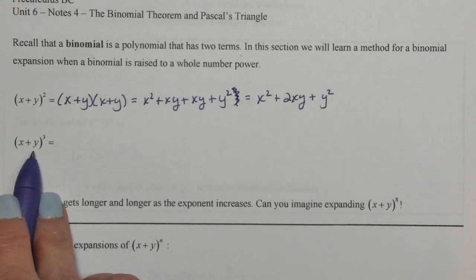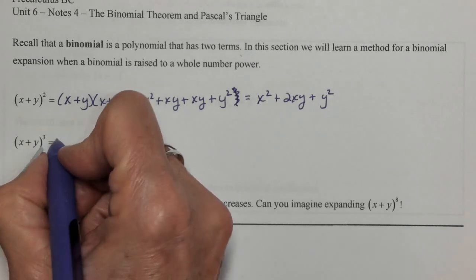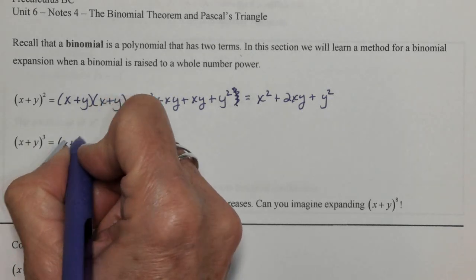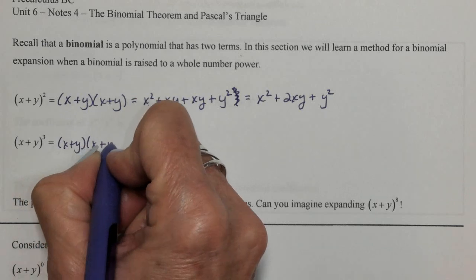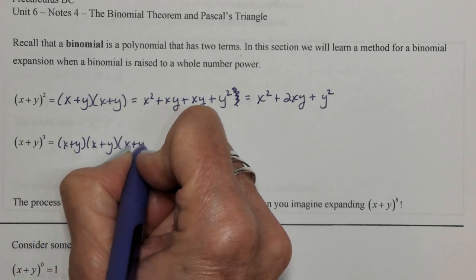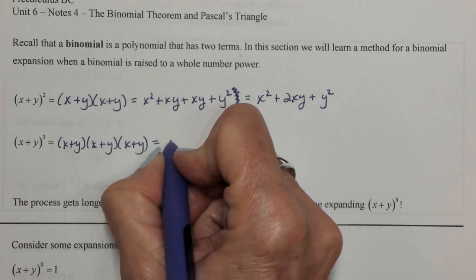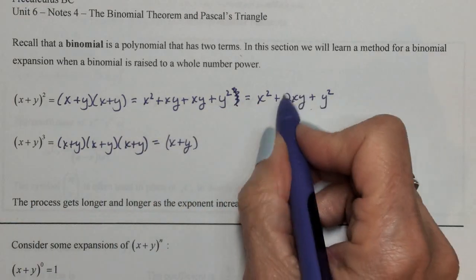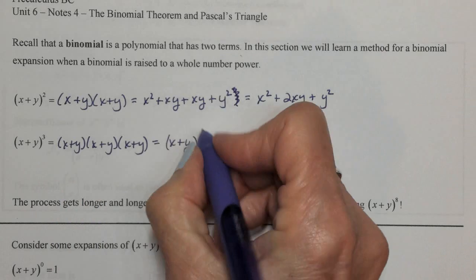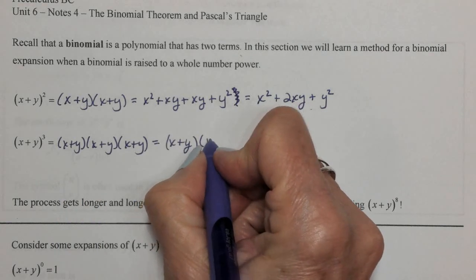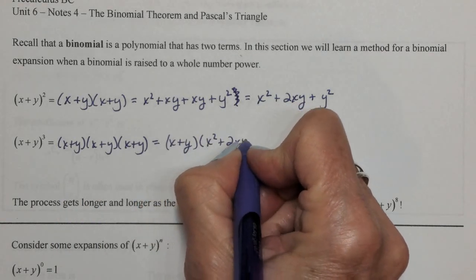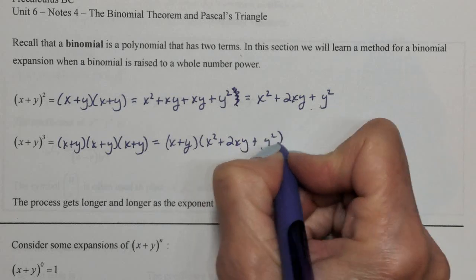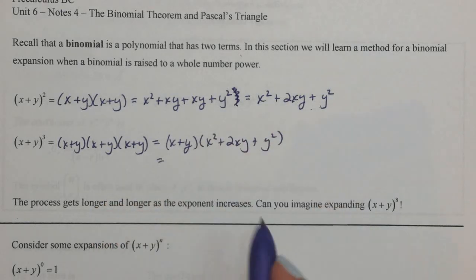What if we had this binomial to the third power? Well, that would mean x plus y times itself 3 times. And that means I can take one of the x plus y's and multiply it by what we got for x plus y times x plus y. And I'm going to distribute this now.